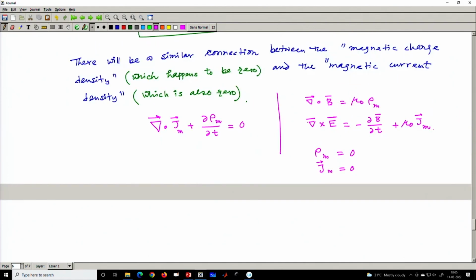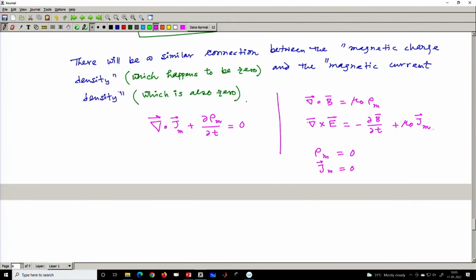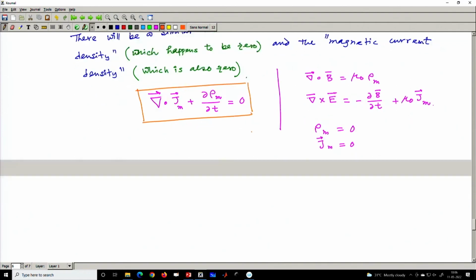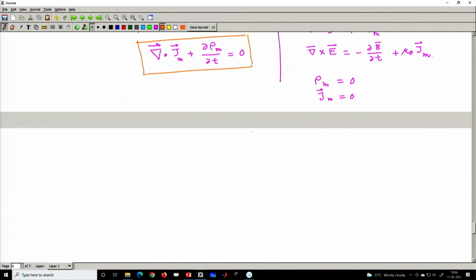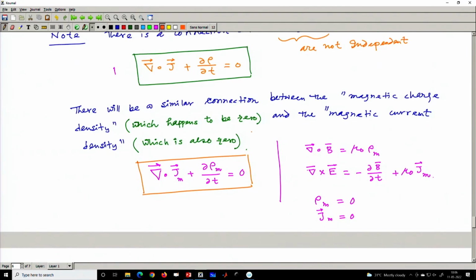So, this is the first one, and we can say this is another kind of constant one can expect. One can have 0 equal to 0 by considering the magnetic current density and the magnetic charge density, which is not there in the real world, but I can still consider this as constant number 2.